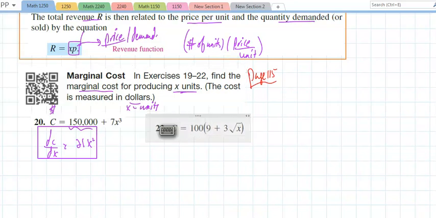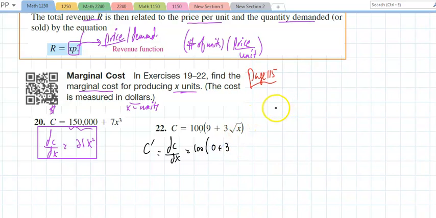If I look at number 22, the same deal. If I say what's the, you could say C prime, I don't mind. 100 is a constant, you ignore that. That's 0 plus 3. Isn't this x to the 1/2? Don't you bring the power down? Subtract 1 from the power.